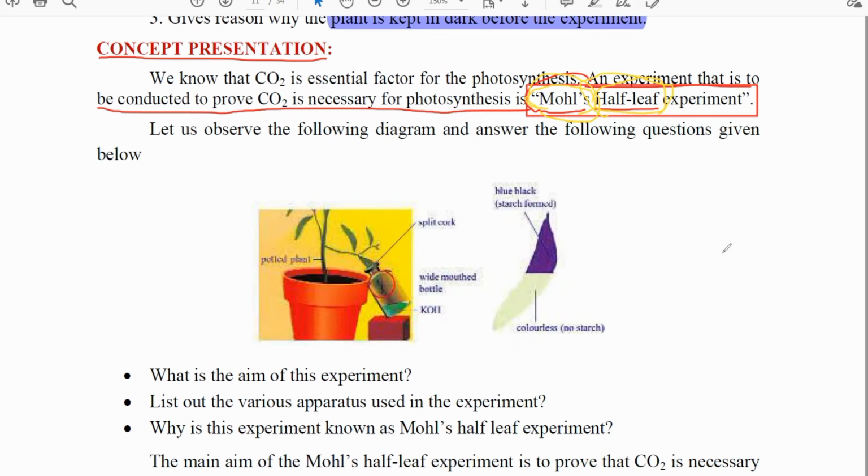The most important part of the leaf in this experiment is the half leaf only.